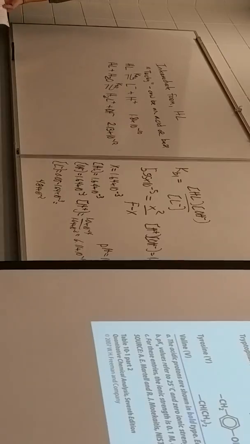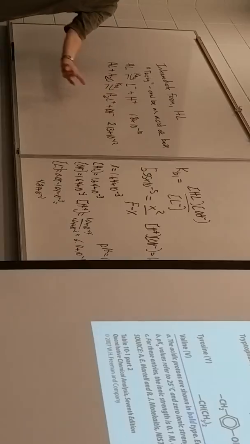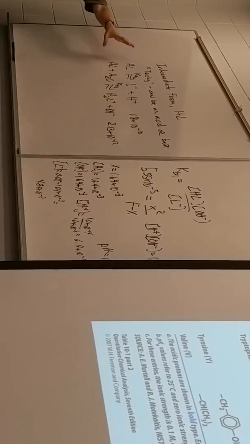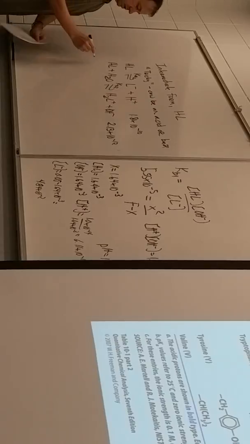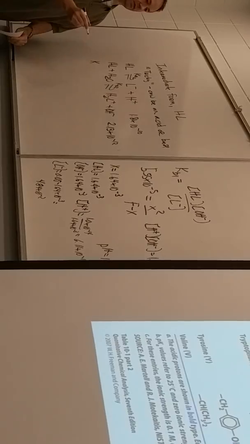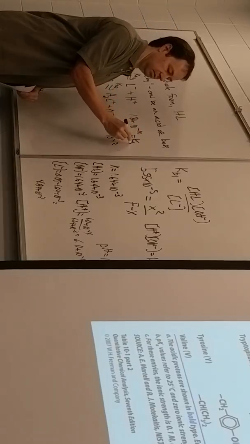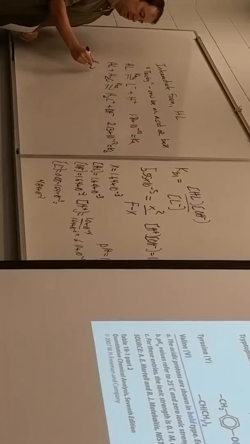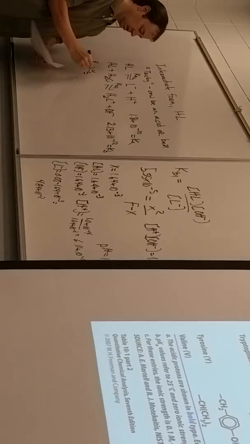Now, this one is a little bit stronger than this one by about a factor of 100. So in this particular case, you're going to form a little bit more of L minus than H2L plus. And this sometimes could be true. So if you consider the Ka value versus the Kb value, Ka is a little bit bigger than Kb.